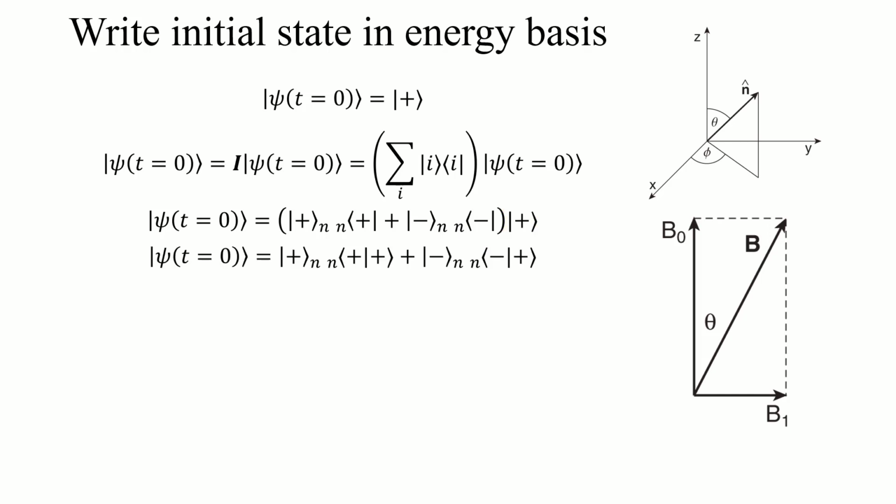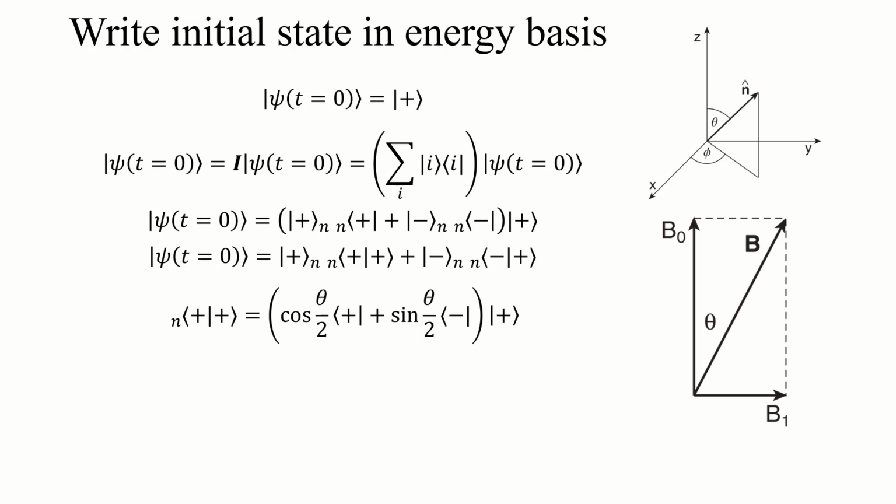Now, we can then take those inner products when we bring in that spin up state inside those brackets. And if we want to calculate those inner products, well, spin up in the n direction with spin up in the z direction, we need to write them in the same basis. We know them both in the z basis, so we'll write them that way.